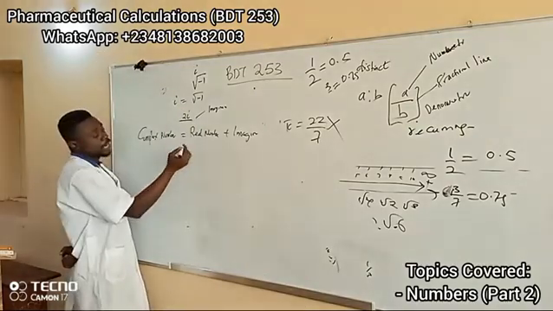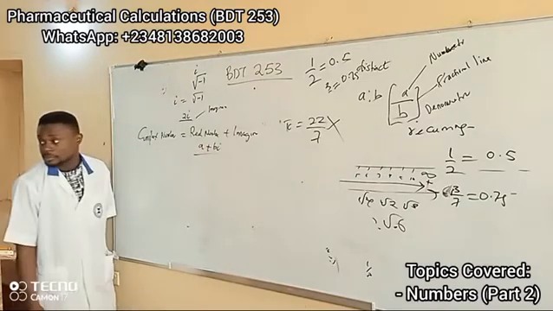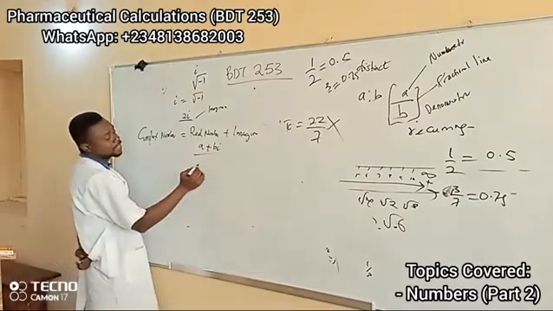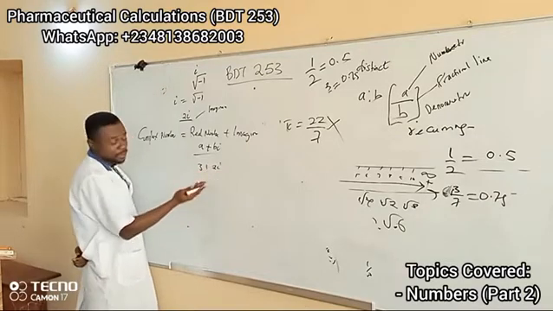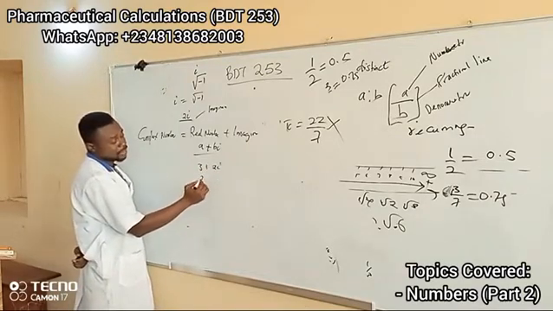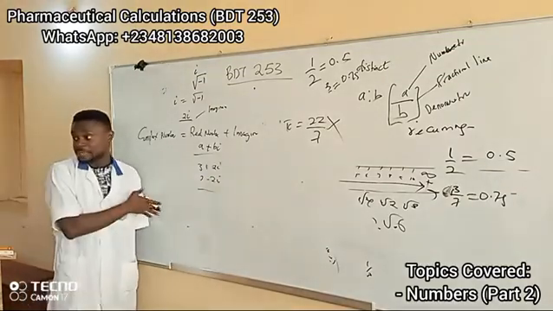So a number in this form, a plus bi, is a complex number. So 3 plus 2i is a complex number. 3 minus 2i is a complex number. Just want to let you know that such numbers exist.